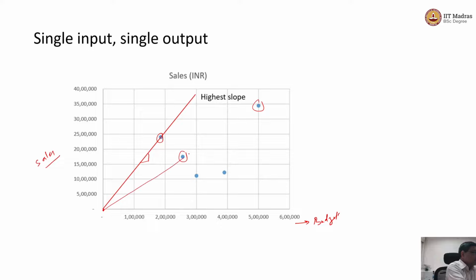If you draw this line, it is going to look like this. By ratio, we essentially mean the slope, and the line with the highest slope, that particular economic unit is going to be considered the most efficient. Makes sense, right? Very simple.